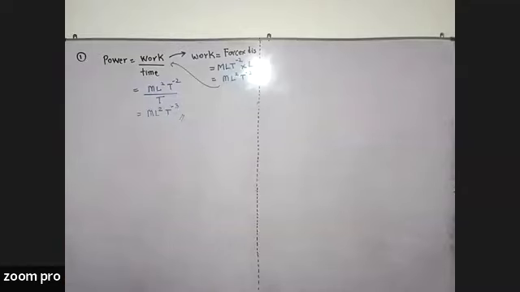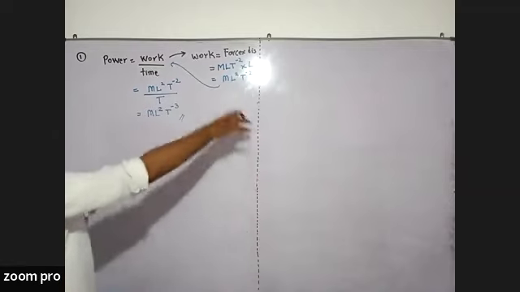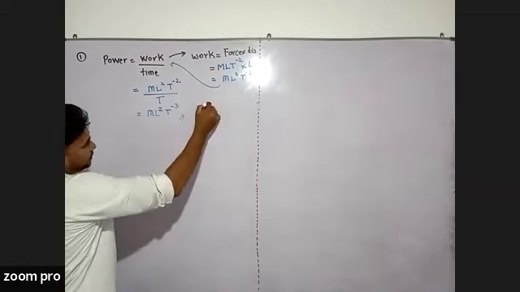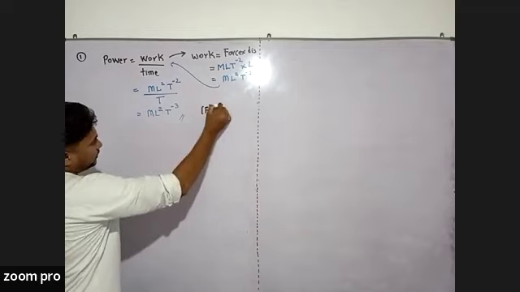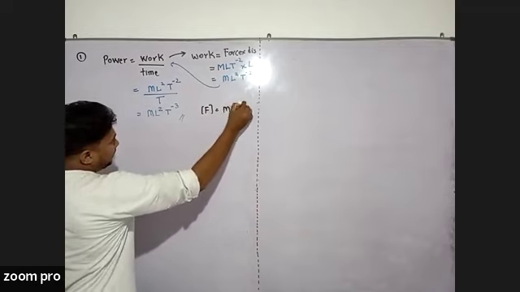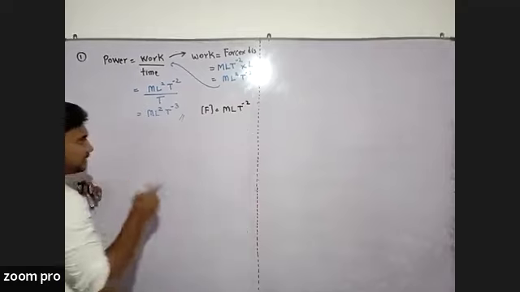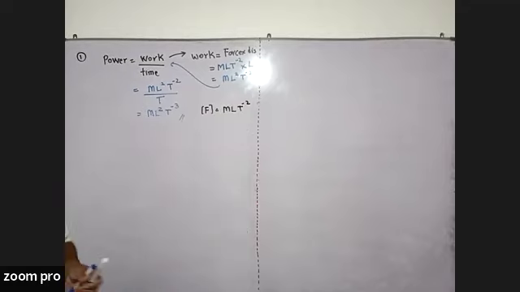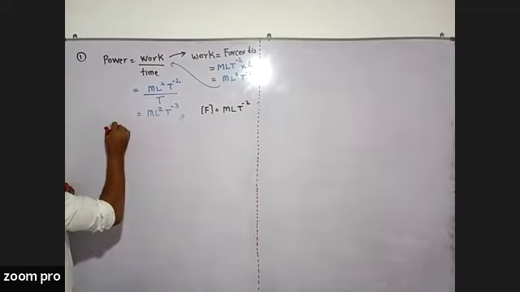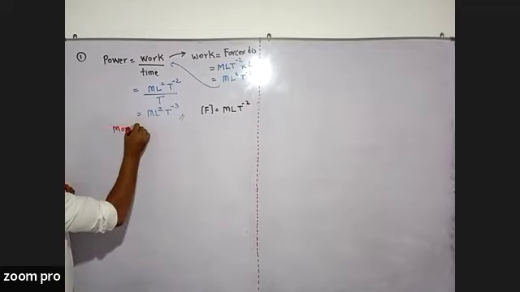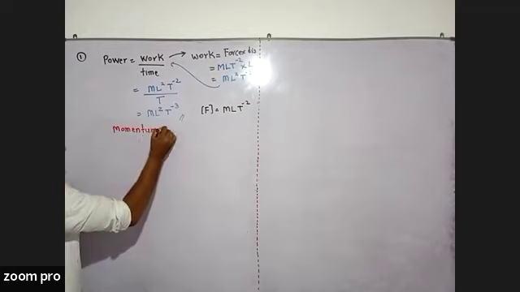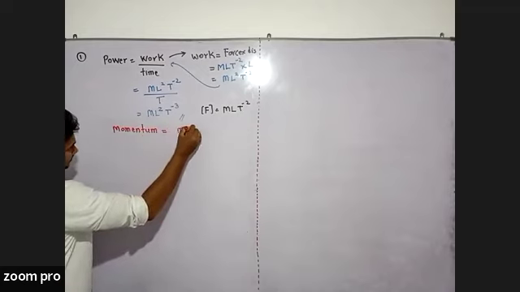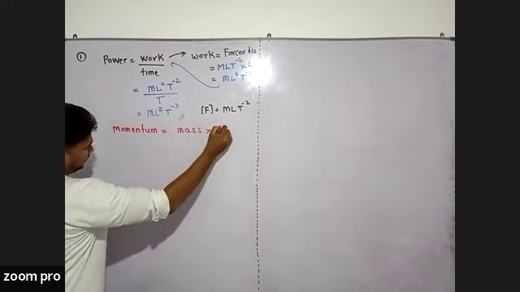So likewise, we have to consider each physical quantity, right? The dimensions of force is equal to MLT minus 2, right? Then momentum. Momentum means mass into velocity, right?